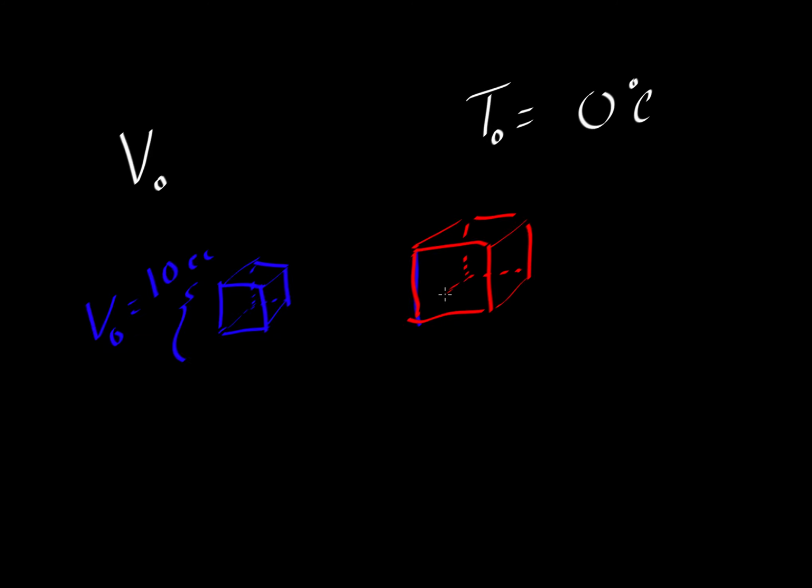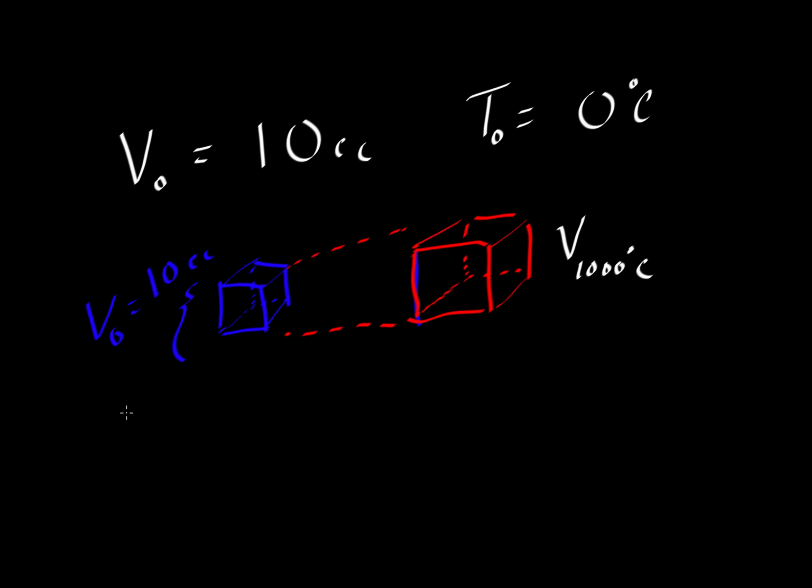Now, it might be the case, and sometimes it is, that you want to calculate what that degree of expansion is. How do we get from the blue to the white? So we go from an initial volume V naught to some final volume, and we'll just call it V. Let's take a particular temperature of 1,000 degrees centigrade. So V naught is going to be, just by definition, 10 cc's.